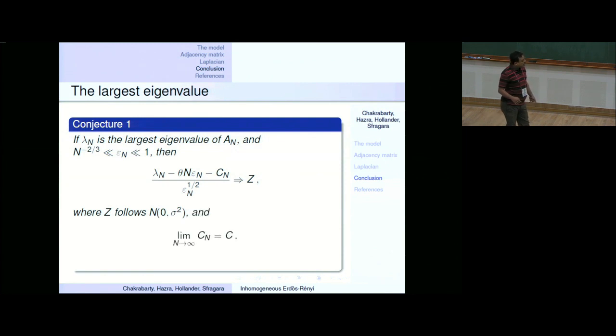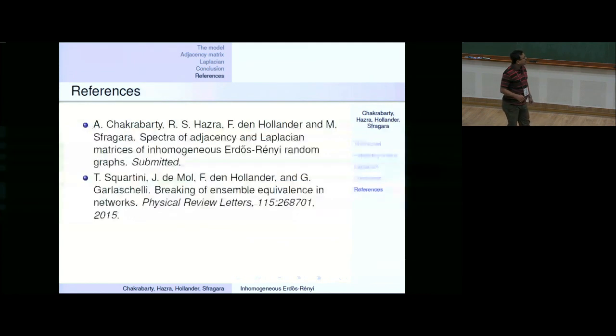Okay? And Cn is something which converges to a finite constant, where theta, C and sigma square are finite and positive constants. So we have got results for special cases, but we are yet to reach here. Okay, so these are the two references.